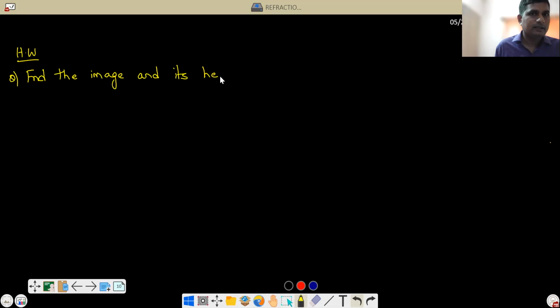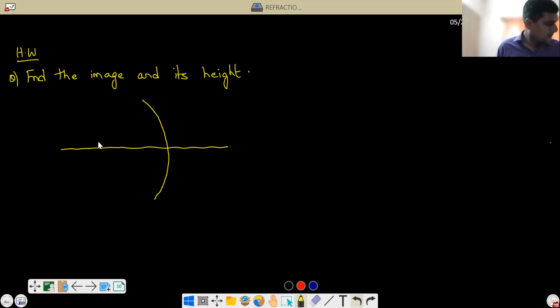Height means magnification. So this is a spherical surface separating media. This side is 1, this side is 4/3, means water. Now the radius of curvature is given as 20 centimeters. And the object height is 1 centimeter at a distance of 40 centimeters.